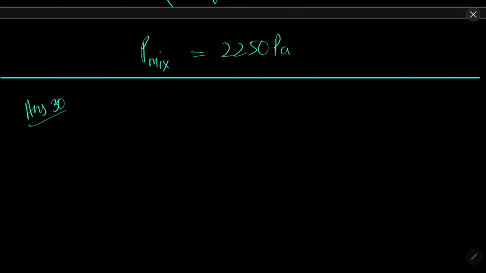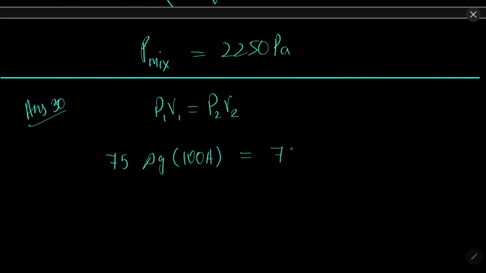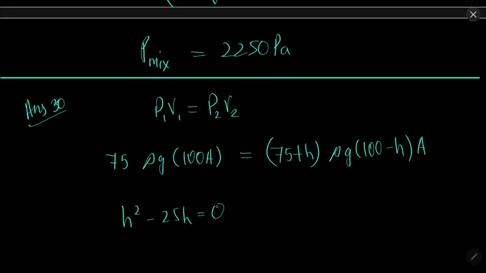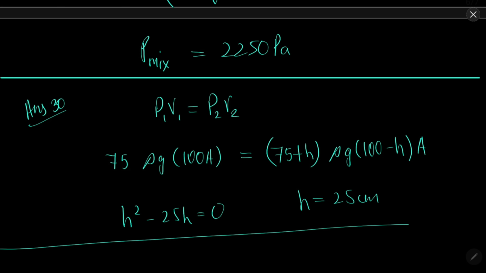So P1 V1 equal to P2 V2. 75 rho g into 100A equals 75 plus H rho g into 100 minus H into A. So from here H square minus 25H equal to 0. H will come 25 centimeters.